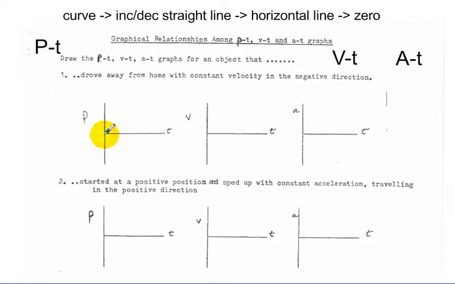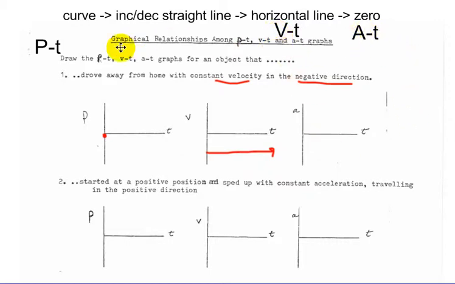So if we look here, drove away from home with constant velocity in the negative direction. You drove away from home, so your position starts at home, and it's saying here constant velocity in the negative direction. So constant negative velocity would look something like that. That tells us automatically that our VT graph is a horizontal line. Our AT graph is going to have to be there, and our PT graph is going to have to be there.